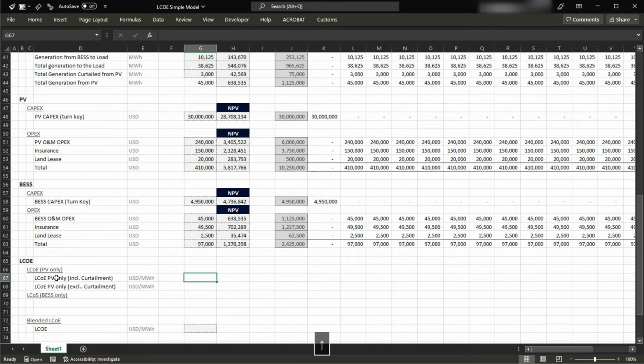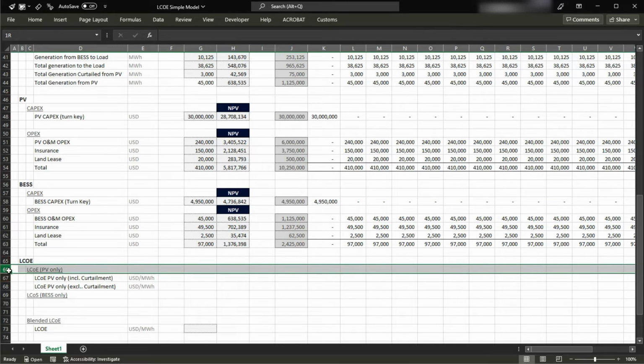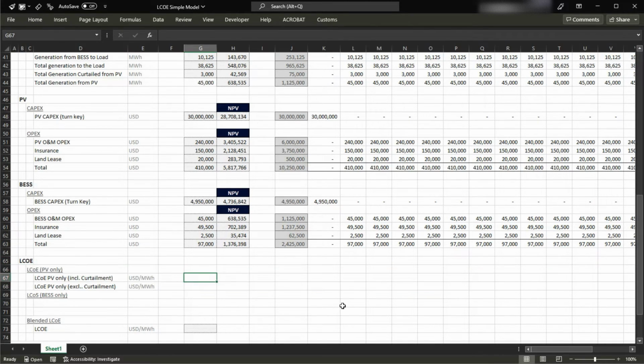And how do we calculate it? If you remember from our presentation, the LCoE is the NPV of all the project costs divided by the NPV of all the energy generation. But because we're only looking at the LCoE from the PV, what we're going to have here are all the costs related to the PV and all the generation coming from the PV.